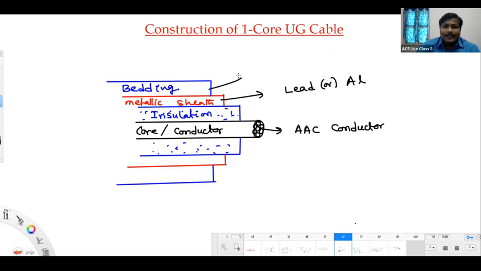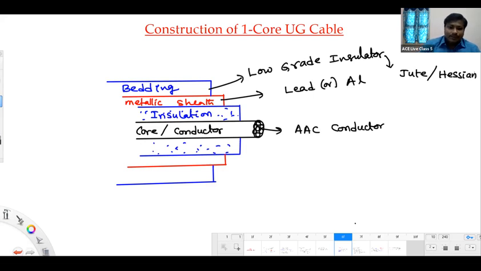Basically, it's a low-grade insulator. Examples of these low-grade insulators will be jute, or we have one more material like Hessian.